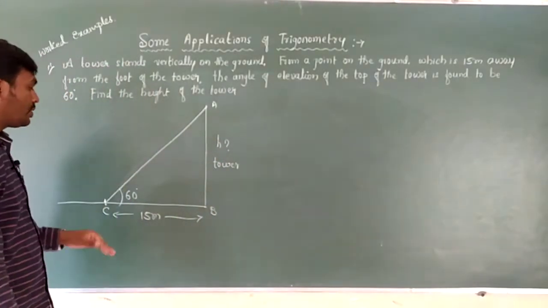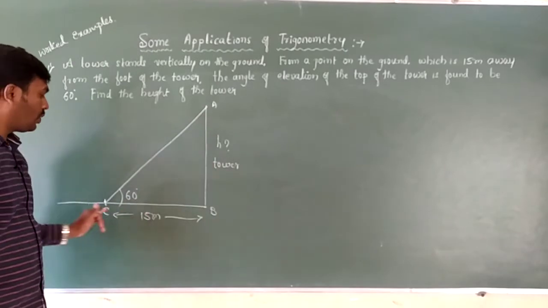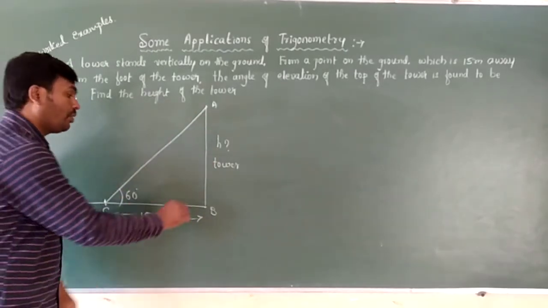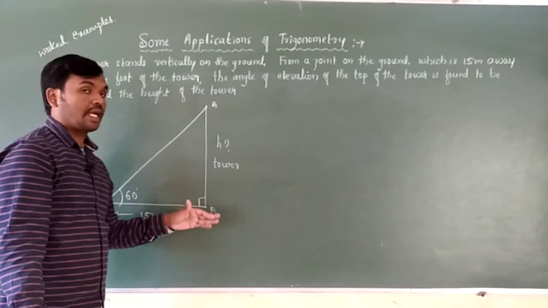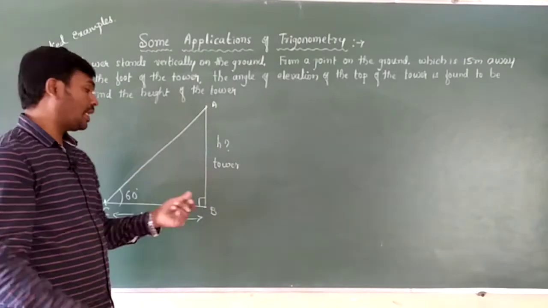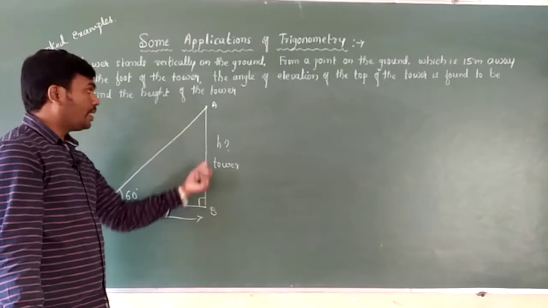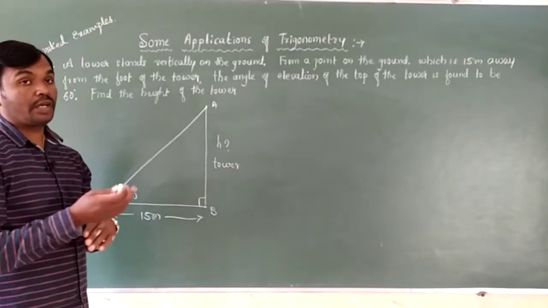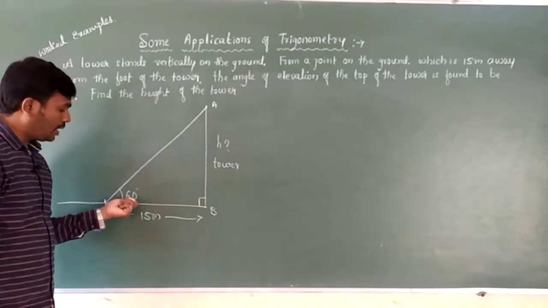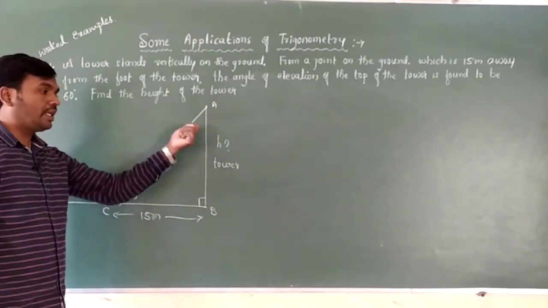To find the height, observe here we got a right angle triangle. When a tower or building is standing on the earth, it always makes 90 degree to the ground. As it is a right angle triangle, we know the trigonometric ratios. By using them, you can easily find the height of the tower.